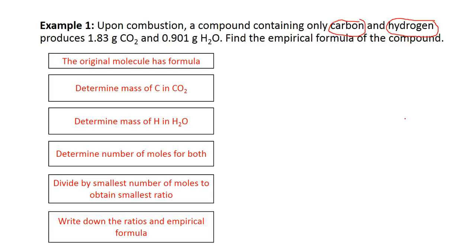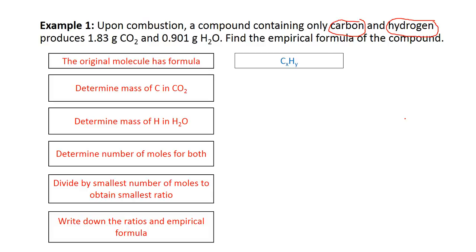So the first formula that we are going to write is CxHy. So x is the number of carbon atoms, while y is the number of hydrogen atoms. This just tells us that our compound is going to have carbon and hydrogen.